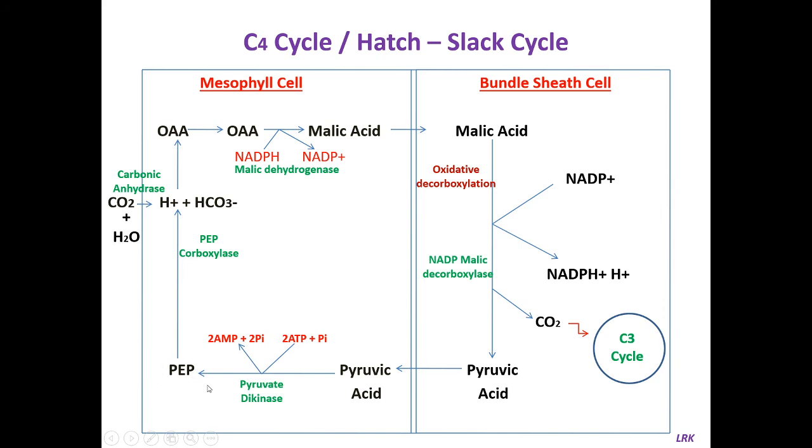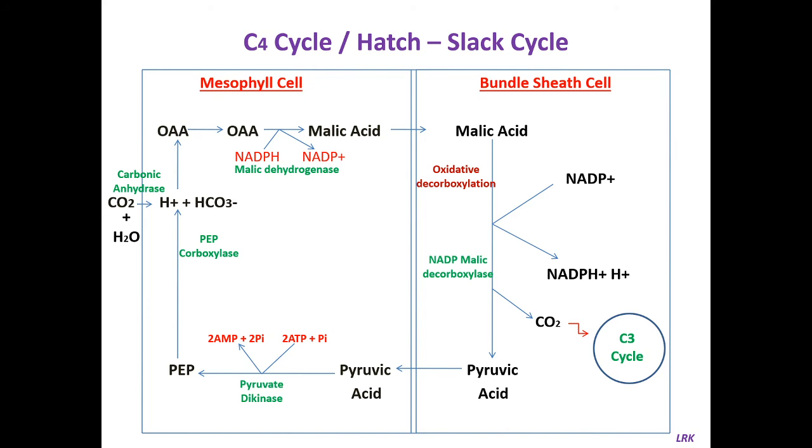So here the regeneration of PEP is also completed, and the carbon dioxide, which is released as a process of oxidative decarboxylation of malic acid, enters into the C3 cycle, and carbon dioxide fixation takes place again in the same manner as it occurred in the C3 cycle.